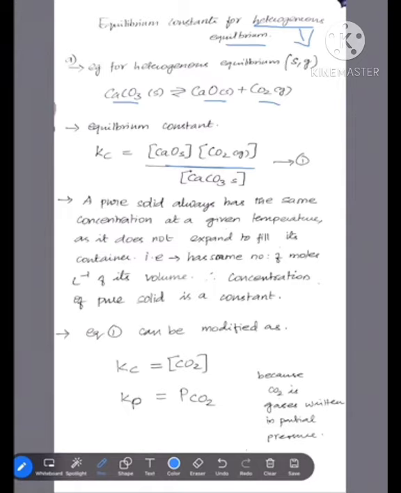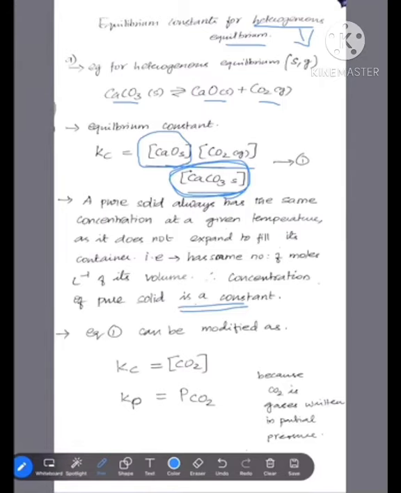As it does not expand to fill the container, there is no expansion in solids as it happens in gas. So we can say the concentration of the pure solid is going to be constant. Then we can say the concentrations of calcium carbonate as well as calcium oxide are going to be the same. So we can just write Kc is equal to the concentration of carbon dioxide.